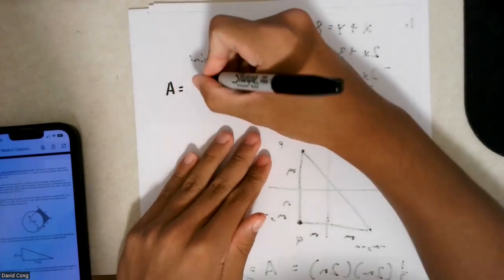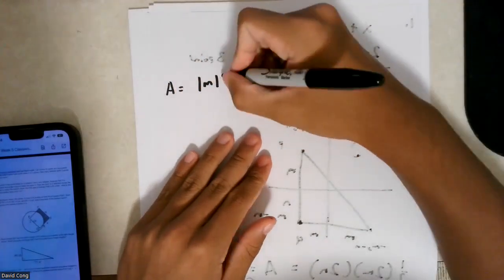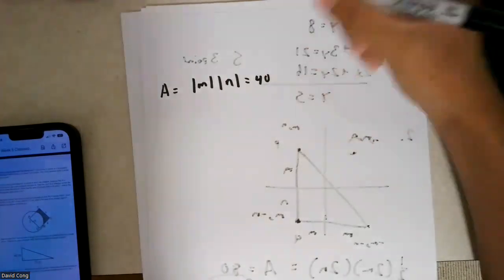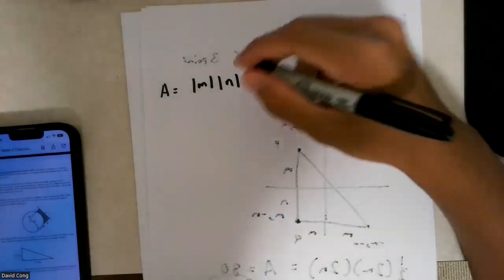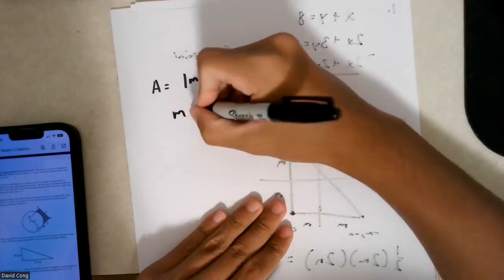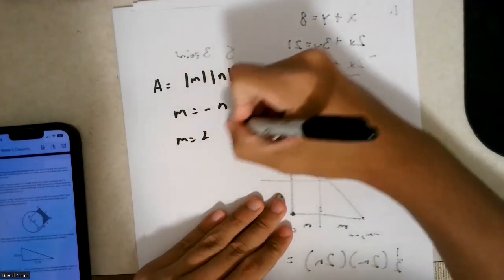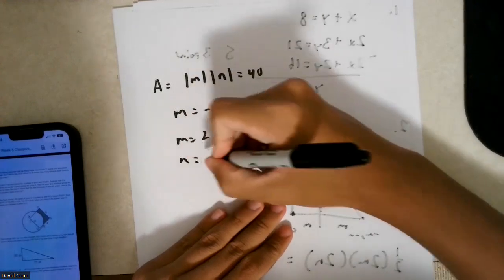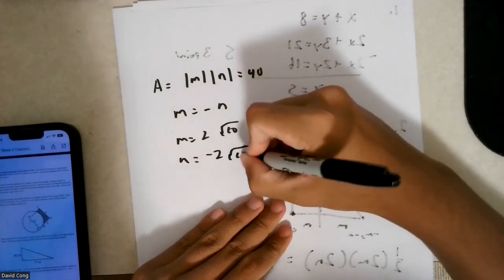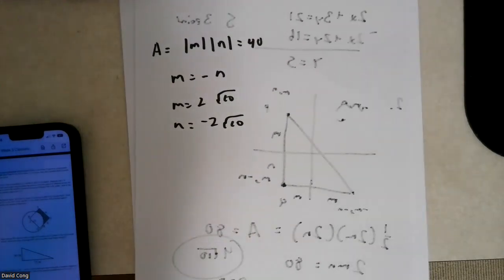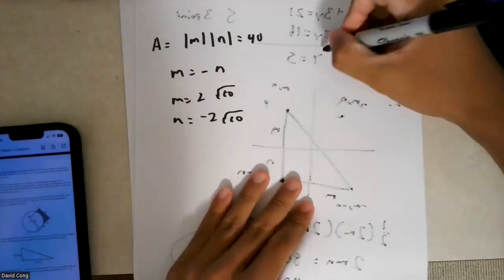So actually, it'd be more precise if we wrote our area as equal to the absolute value of M times the absolute value of N equals 40. So what does this tell us? If we let M equal negative N, we can still have M equals 2 root 10, but N equals negative 2 root 10. This still gives us the exact same triangle, just changed.